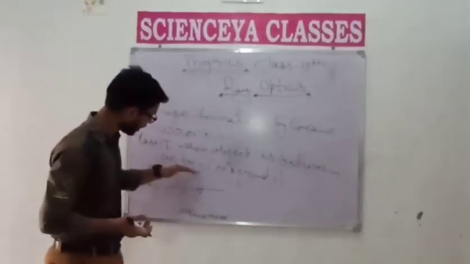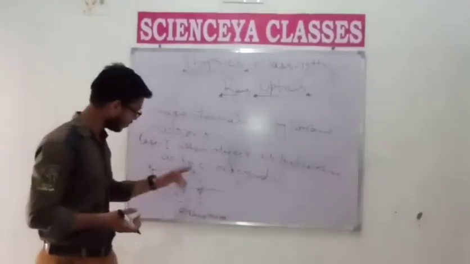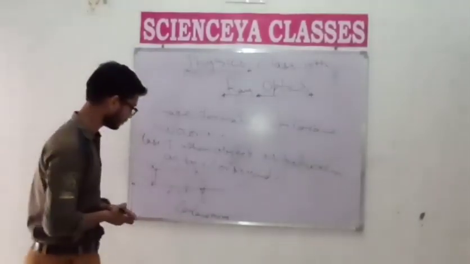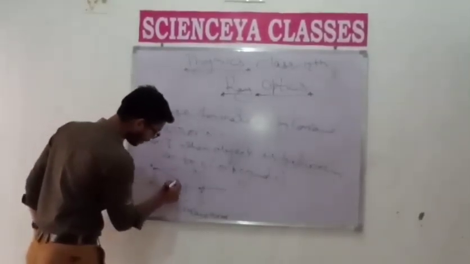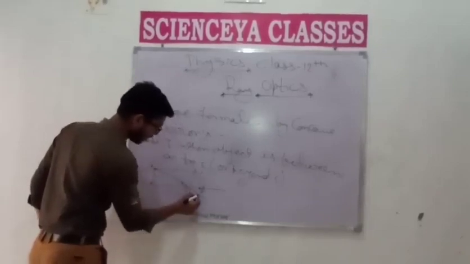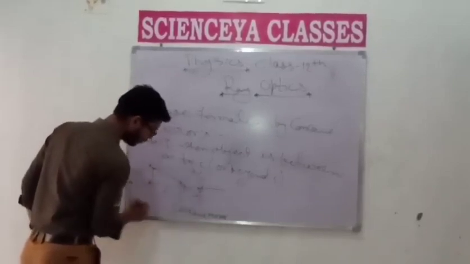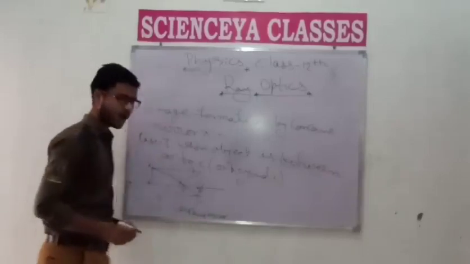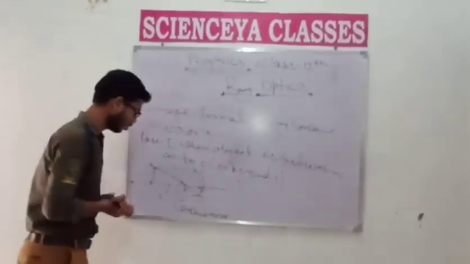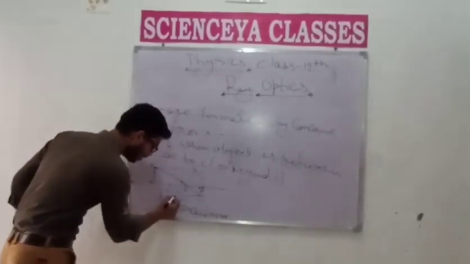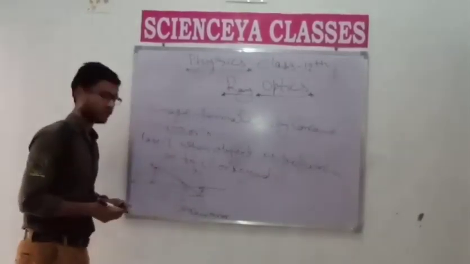Rays parallel to the principal axis always pass through the focus. And students, the rays that pass through the focus must be reflected, and after reflecting they are parallel to the principal axis. So students, both rays meet at this point.